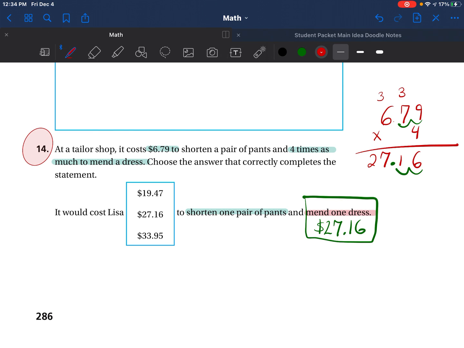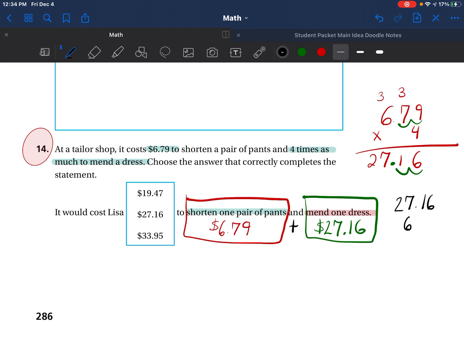And so that's 1 dress and 1 pair of pants. So one pair of pants is $6.79. So we actually have to take these two numbers here and add them together to get our actual total. So $27.16. Remember, when we add and subtract, we have to have our decimals lined up.